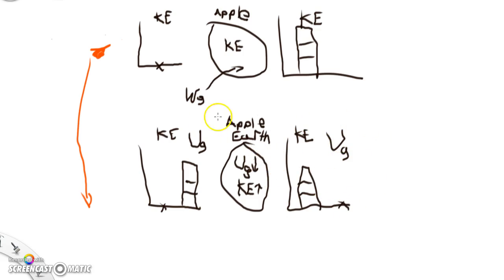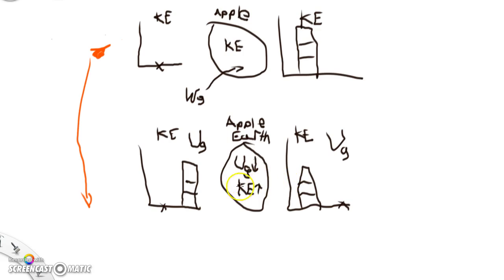Now this approach here allows us to eliminate having to use work, because our system here includes all the contributing factors. Okay, and so these things we'll call our system, and anything outside of those we call the environment. And the environment can add energy to the system or take energy away, but we don't track the energy of the environment.